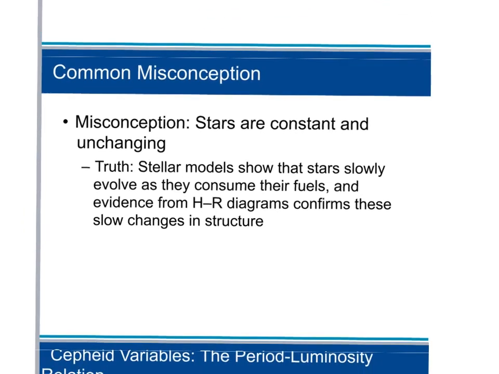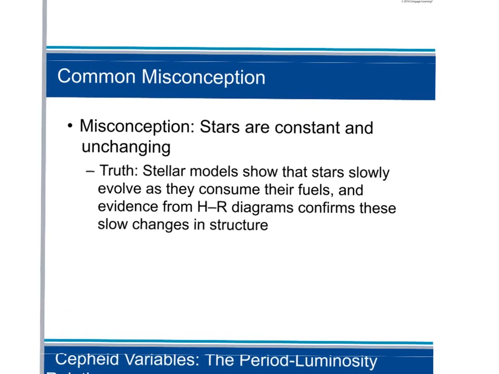So a misconception that should be obvious by now is that stars are not constant. What I'm trying to say is that this myth that stars are constant, we should have debunked that.